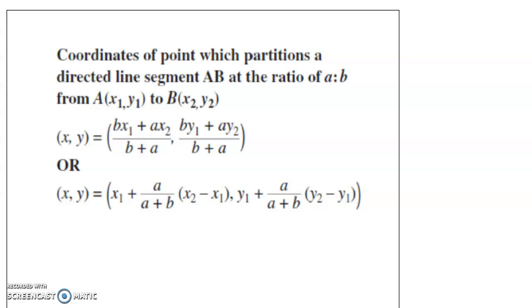Okay, these are some of the formulas we would use for partitioning a line segment, and I'm just going to go over my favorite formula that we use, which is this one. I'm going to tell you what everything means. Then we're going to get into our next little video where we're actually going to start using this formula. So this XY out here, I'm going to label this as point P, and it is my partitioning point.